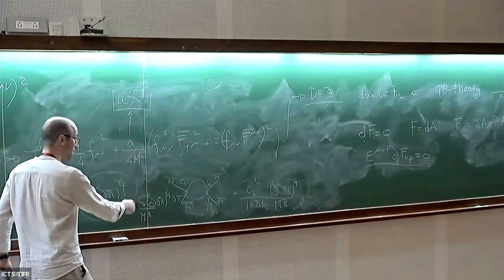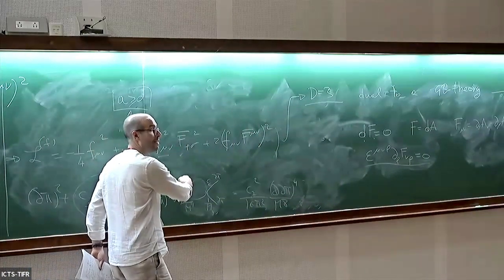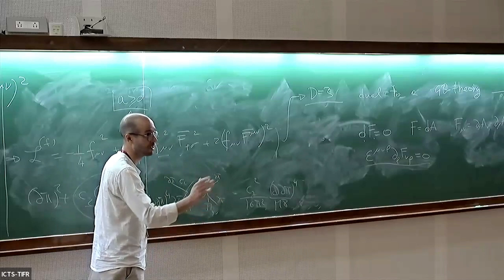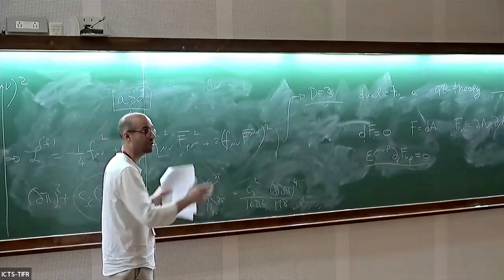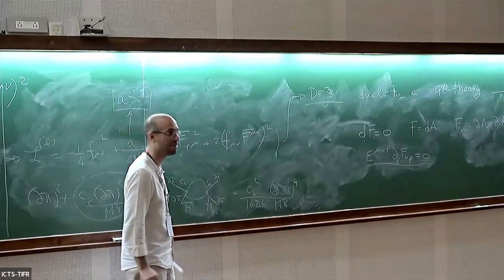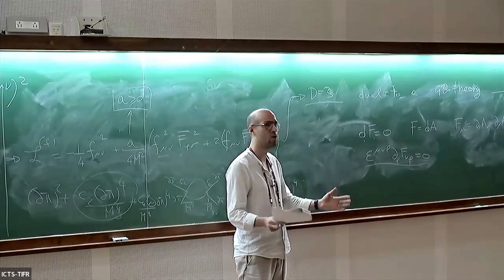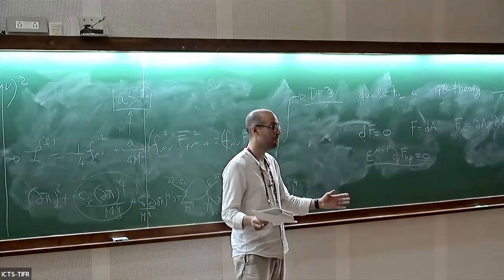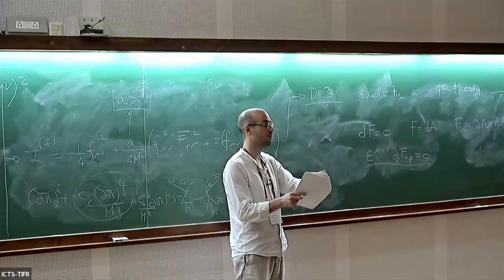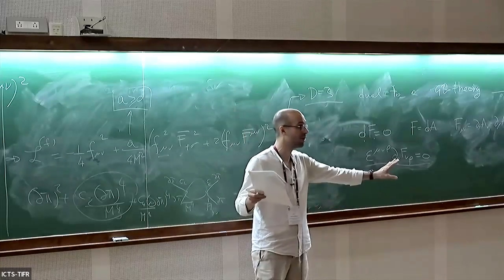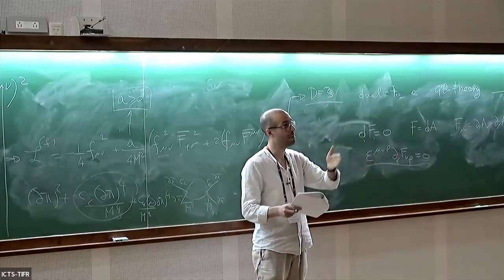For the other one, let's say C6, the story is different. But I don't want to have that lecture now in the last couple of minutes. At tree level, the general lesson is that you're going to have infinitely many constraints, but they're not going to be on one coupling at a time.